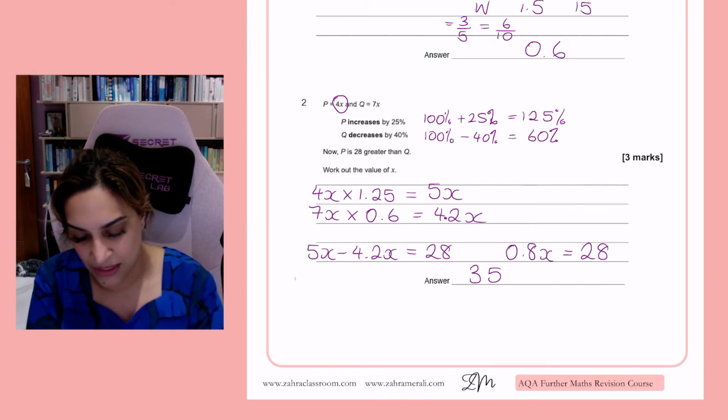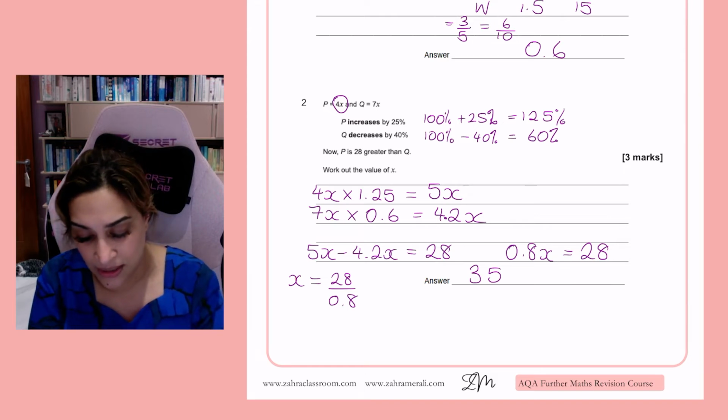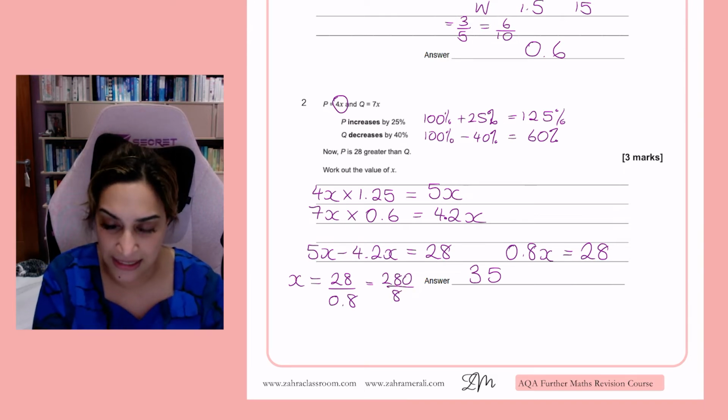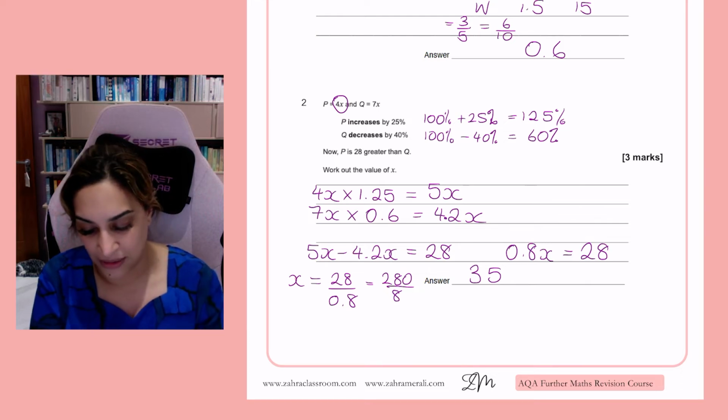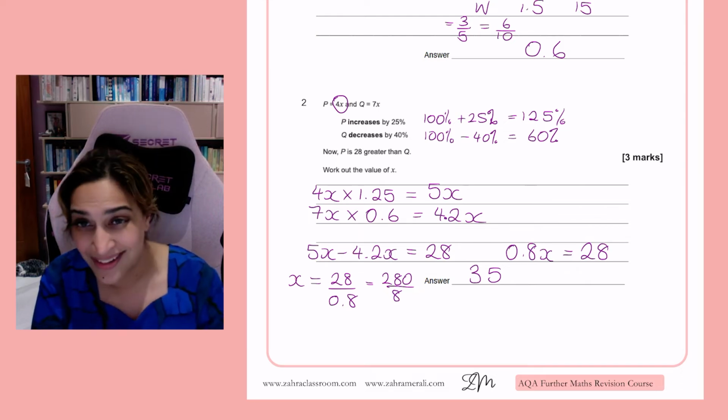Let's double check that arithmetic, because we said we might come up non-calculator. 28 over 0.8. One easy way to do it is to times top and bottom by 10, so you get 280 over 8. And then you could calculate that.